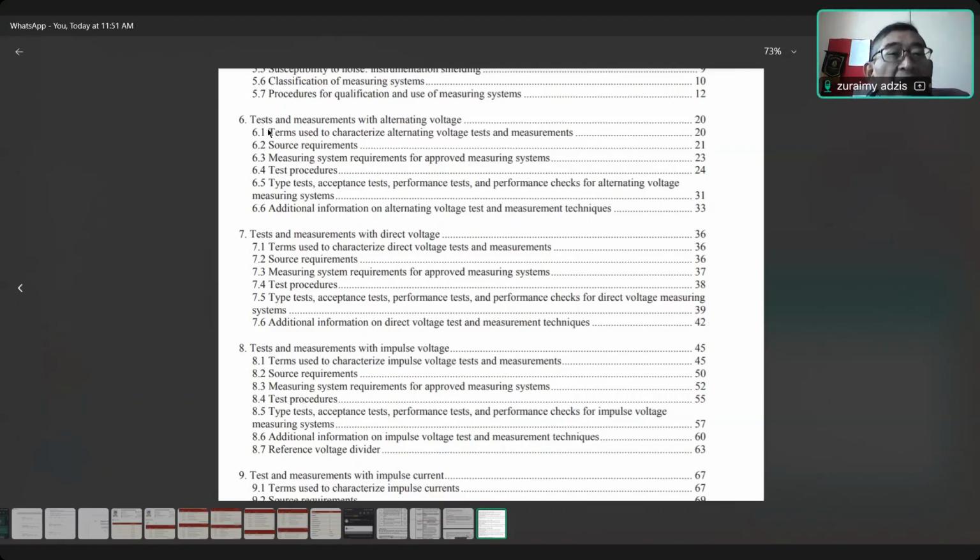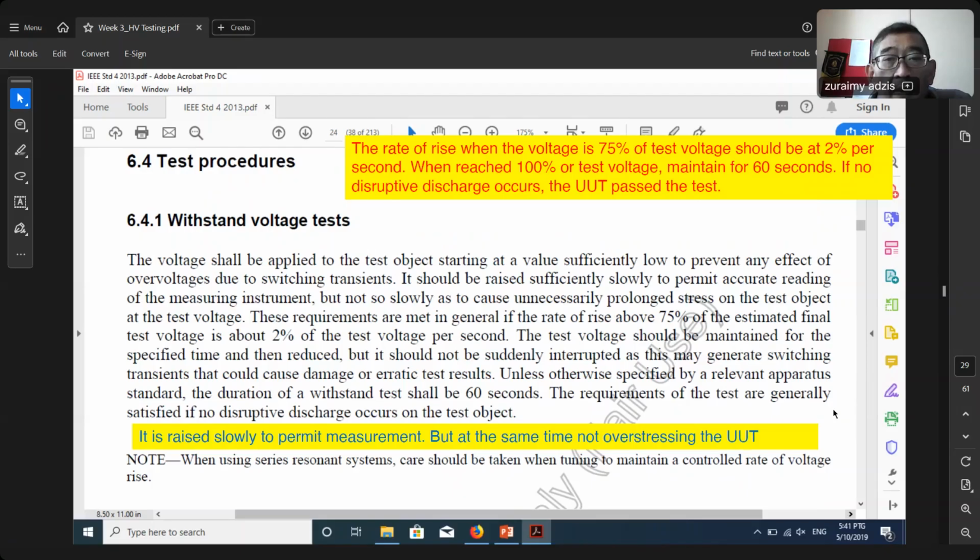Clauses 6.1, 6.2, 6.3, 6.5, and 6.6 are basically the same for both of them. What is different in clauses 6 and 7 is the test procedures. So let's look at the difference between AC and DC test procedures and all the similarities. Then in the next video, we'll go through the impulse voltage.